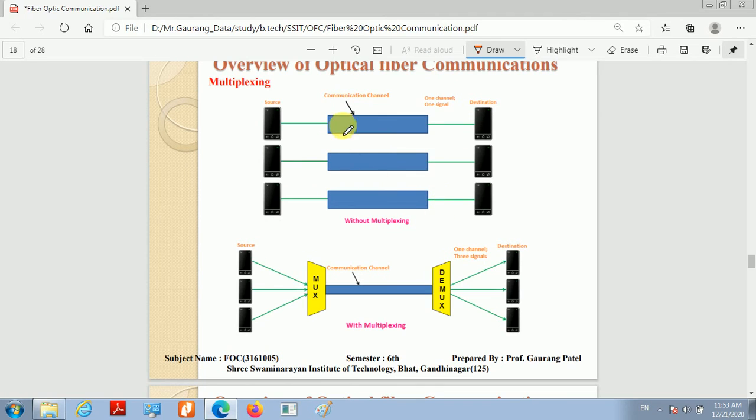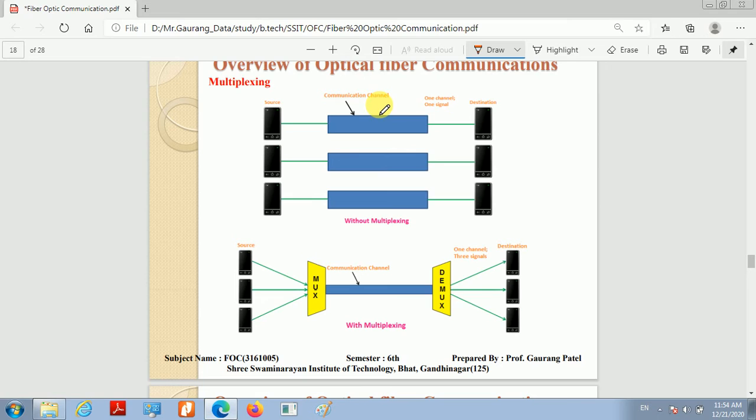So this diagram shows the scenario without multiplexing, and this diagram shows the scenario with multiplexing. So you can see, let's say I have 3 sources, 1 to 3, and 3 destinations, 1 to 3. You can see in this diagram, each source uses a separate channel to transmit the data towards the destination.